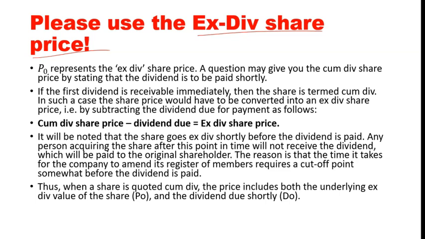When you're talking of the cum-div, we are simply talking of the share price before the dividend has been paid. So cum-div share price minus the dividend due gives us the ex-div share price.